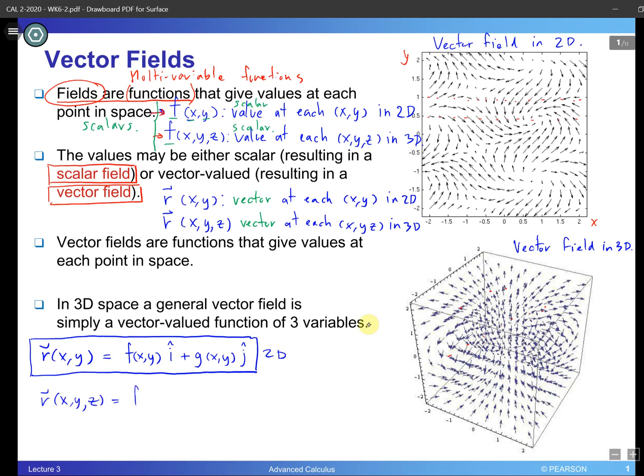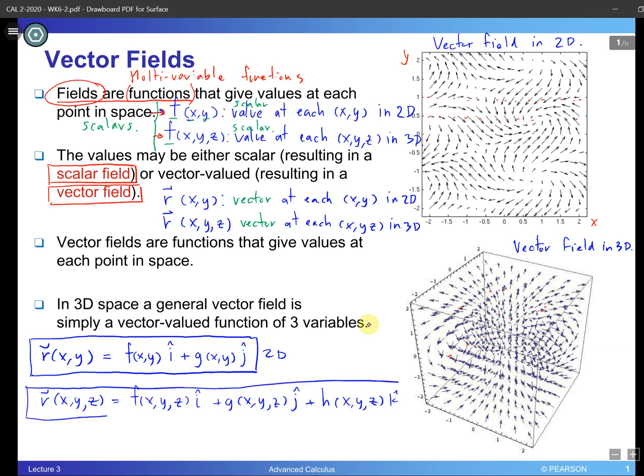The first one, same thing, has to depend on x, y, and z. Then g of x, y, and z for the j component, and for the last component, let's use h of x, y, and z for the k component. And this is the expression of the vector field in terms of components for 3D.